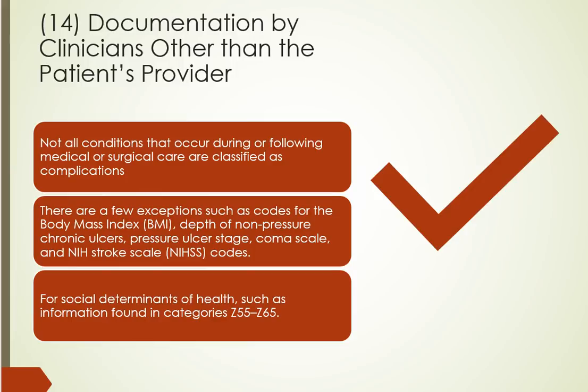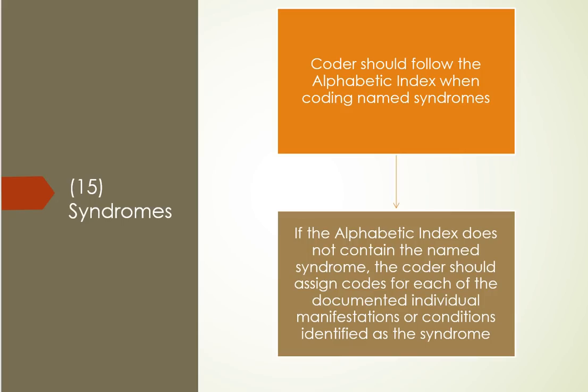In this particular situation, code assignment may be based on the documentation from clinicians that are actually involved in the patient's care who are not the patient's provider, given that this information represents social information and not a medical diagnosis. So a patient who's having housing issues is an example.